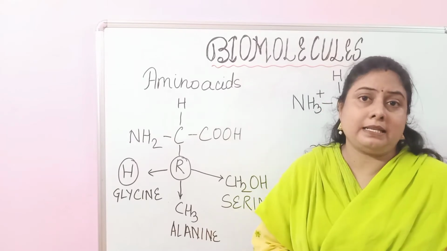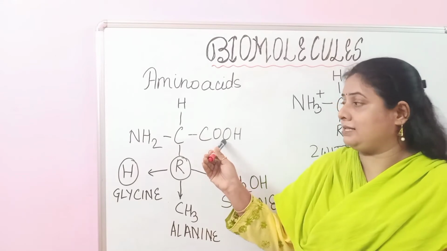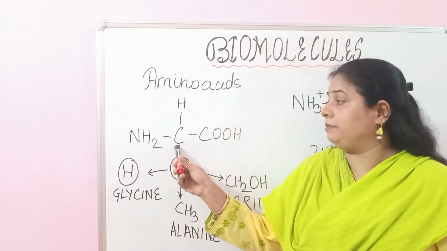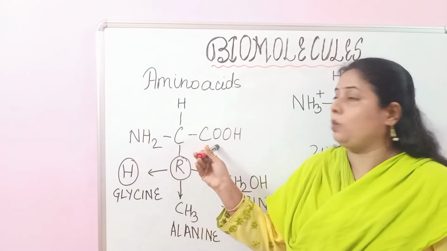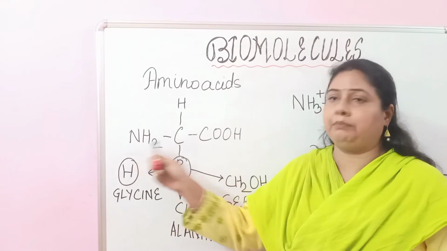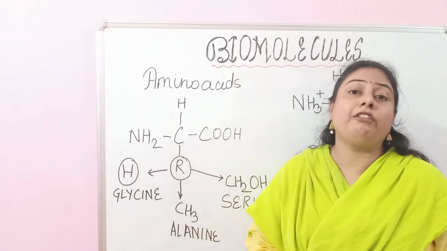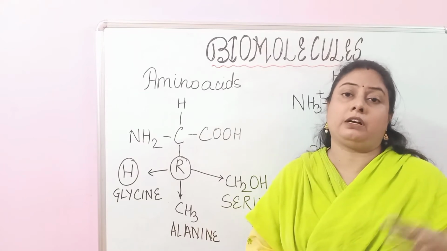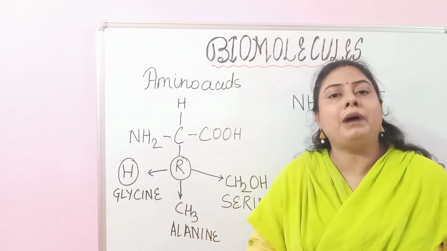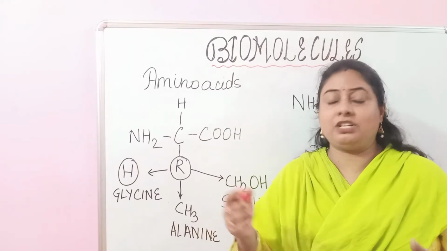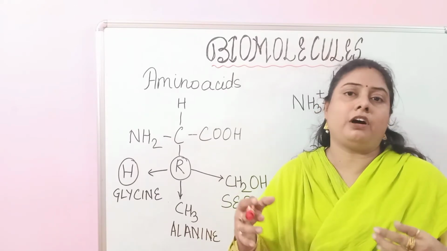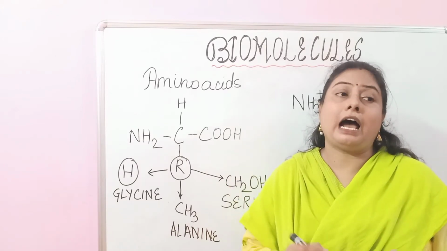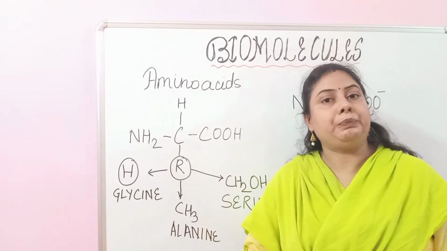Now, since the carboxylic acid group is on the same carbon atom that has on one end the carboxylic group and on the other end the amino group, this is known as alpha amino acid. That is, the same carbon is having the carboxylic group as well as the amine group. Such amino acids are known as alpha amino acids, and all the living organisms contain this alpha amino acid.